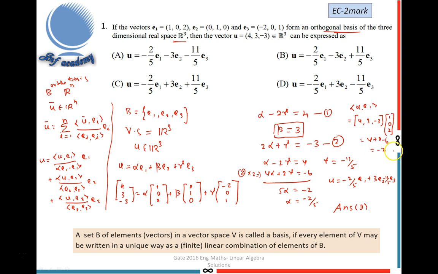Finally, I got minus 2. This is the procedure to find the inner product of two vectors. So the inner product of U comma E1 is minus 2.